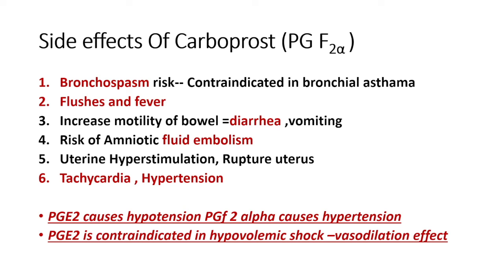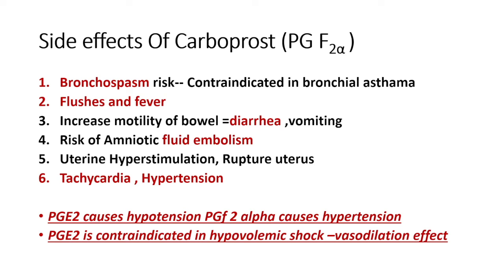It also increases the motility of the bowel. Hence, diarrhea may be seen when it is used in multiple doses. There is a risk of amniotic fluid embolism. Then other risks are hyperstimulation of the uterus and rupture of uterus. Hence, it is not practiced for induction of labor.